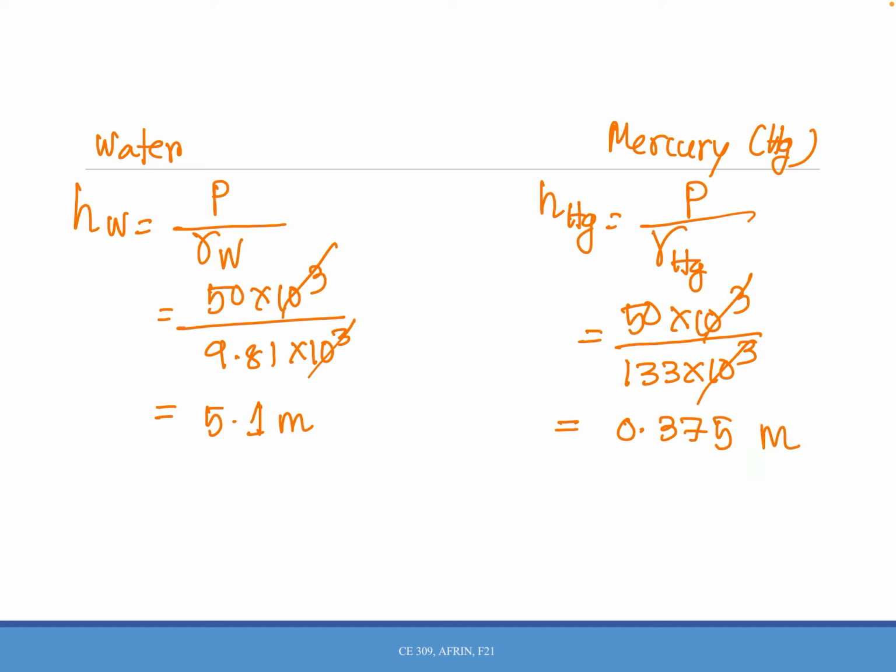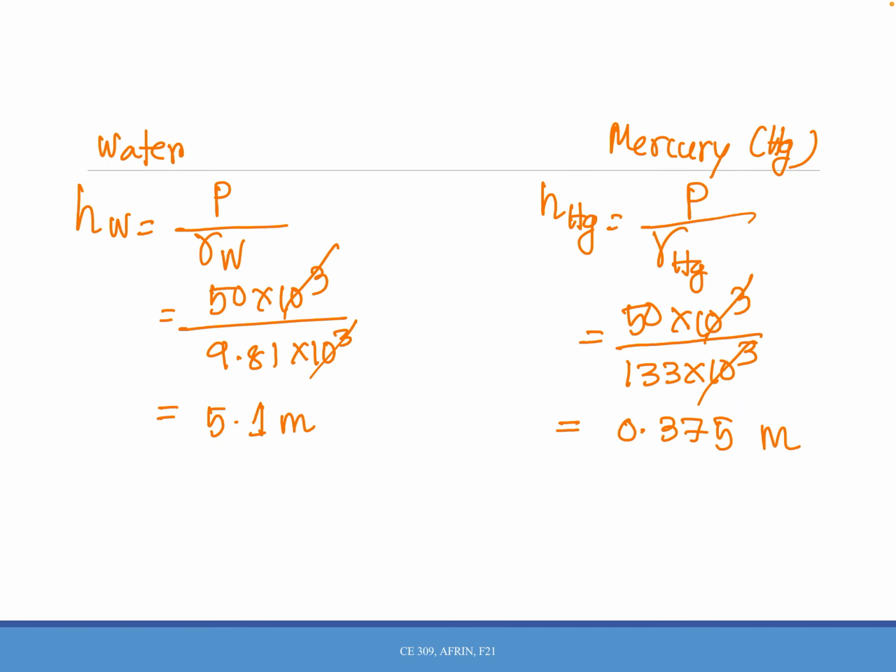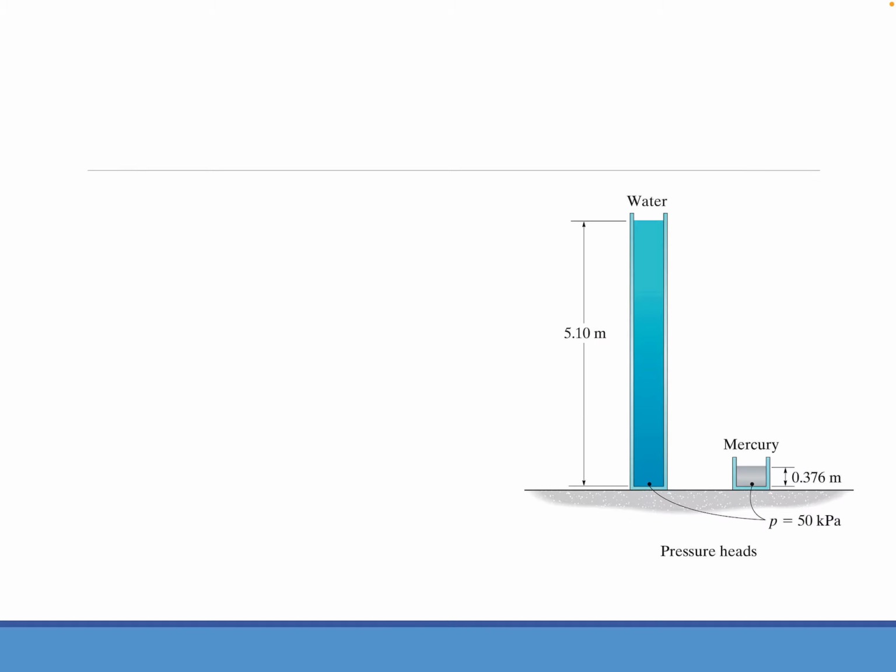Now you can see for water it took 5.1 meter depth of water, while mercury needs only 0.375 or 0.376 meter to create that 50 kilopascal.